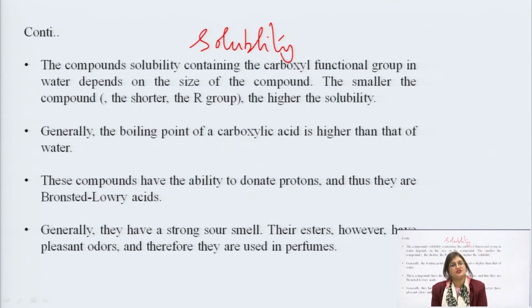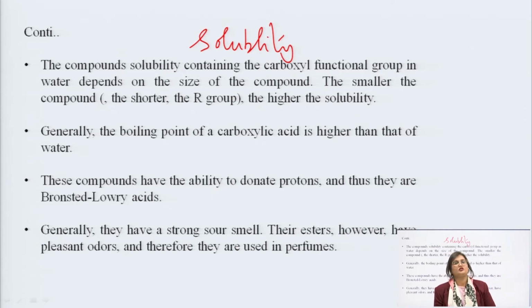The solubility in water of a compound containing the carboxyl functional group depends on the size of the compound, or on the alkyl group. The smaller the compound or the shorter the alkyl group, the higher the solubility. Obviously, alkyl groups are non-polar, so higher alkyl groups increase the carbon load and the carbon chain, due to which solubility decreases.